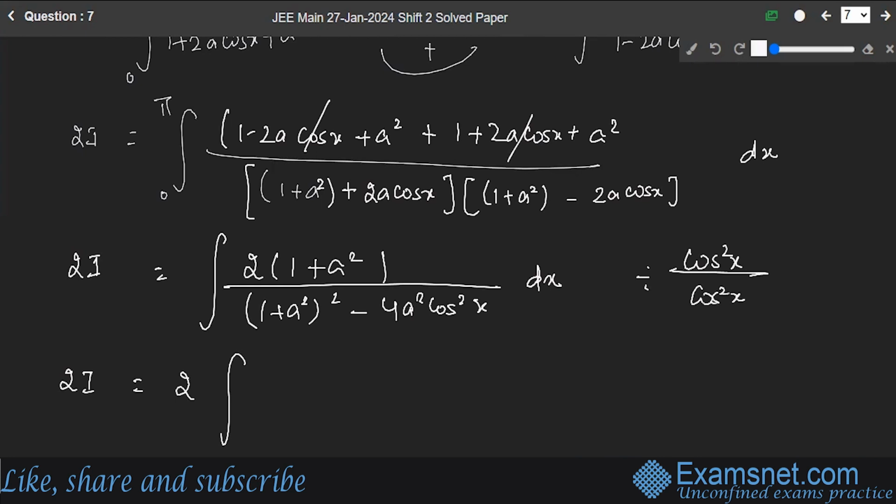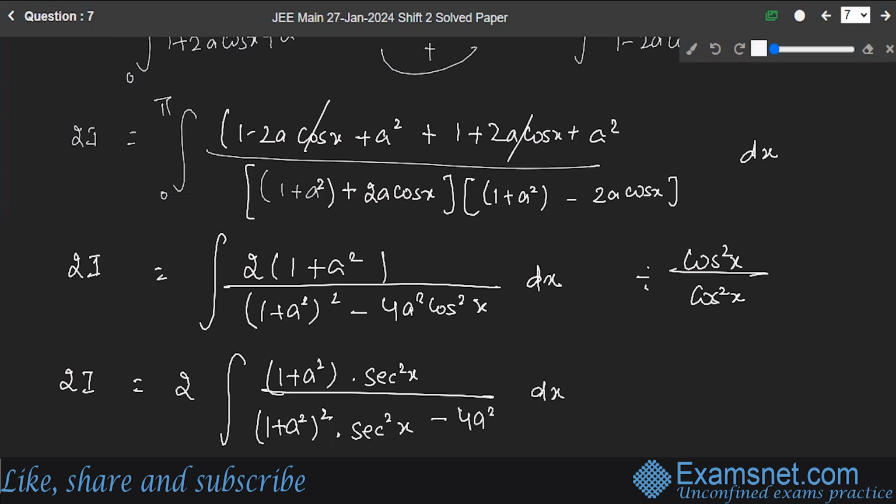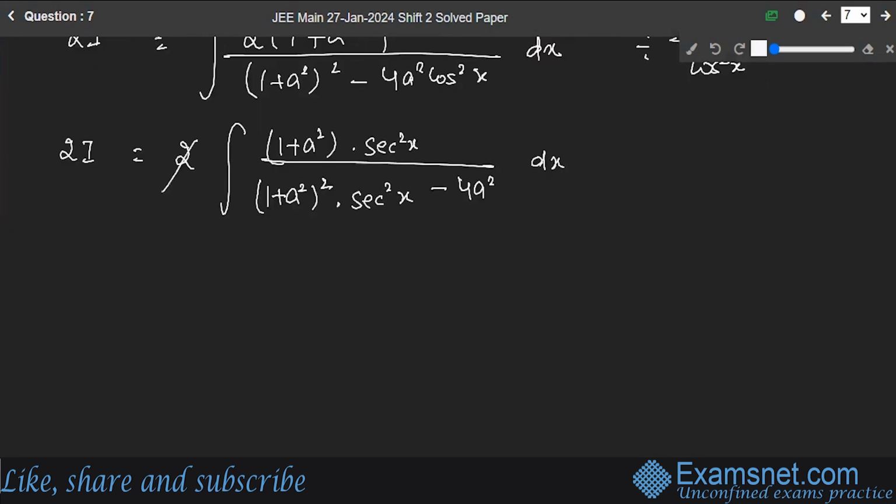So I'm taking 2 outside and this will be 1 plus a square into secant square x divided by 1 plus a square whole square into secant square x minus 4a square dx.